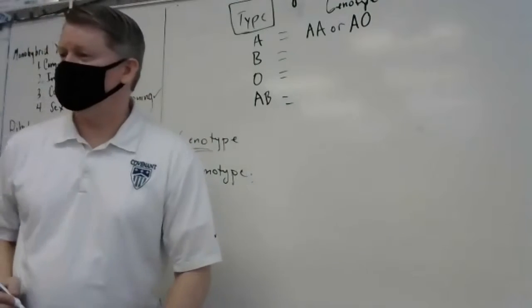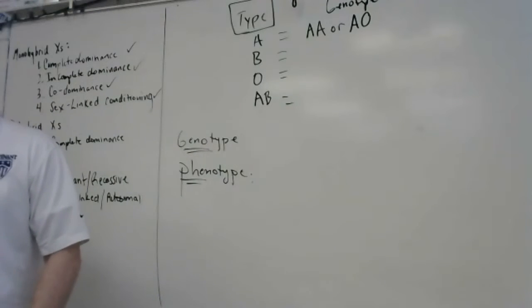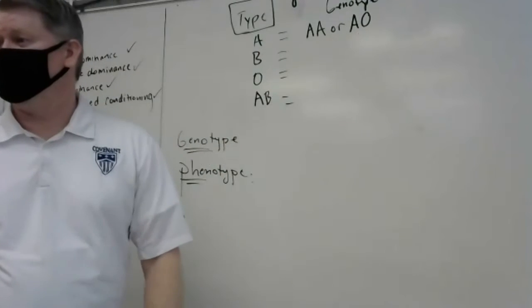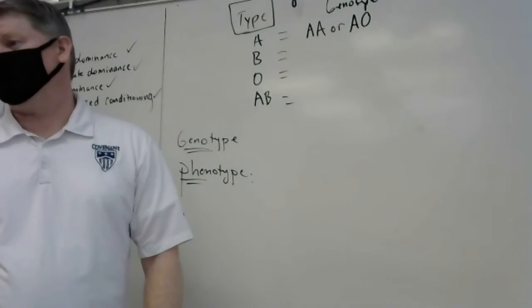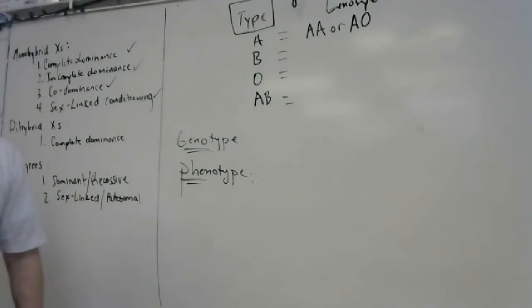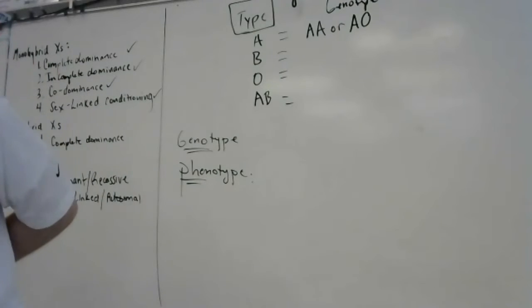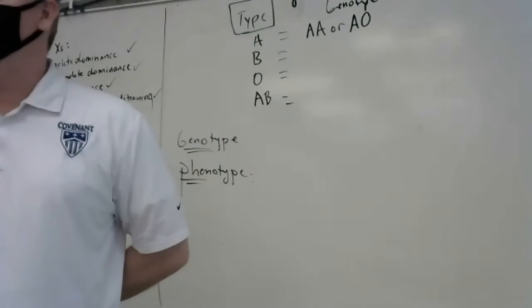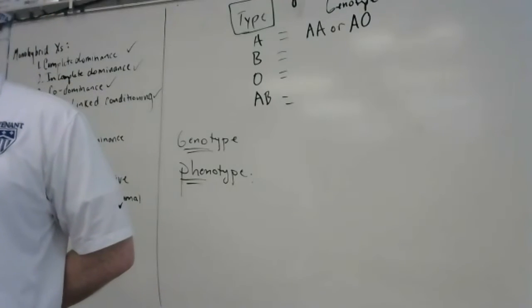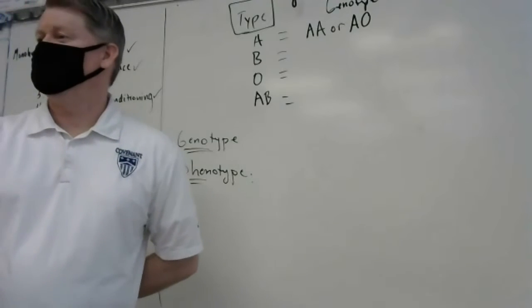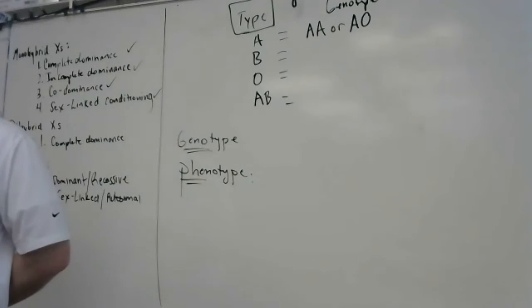O must be what? Recessive. Because if you can put that O there and still call this A-type blood, it means O has to be recessive. And indeed it is. Now, but here's an example of codominance with an authentic recessive condition, right? Why is this codominance? Because A and B are codominant. Because A and B are both equally dominant. Excellent. Yeah, there still is a classic recessive, right?